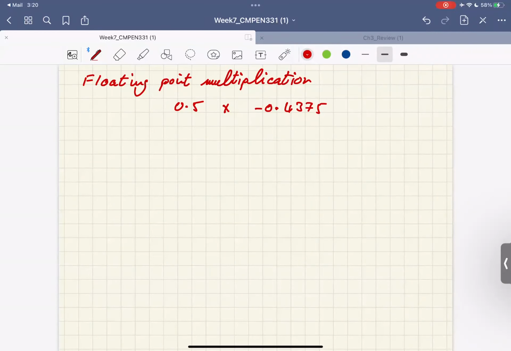If you recall from previous calculations, we had shown that this is equal to that number, and we showed that this is equal to that number.